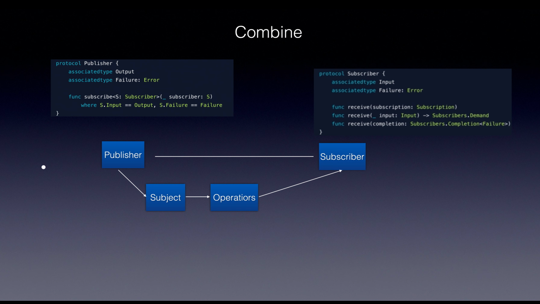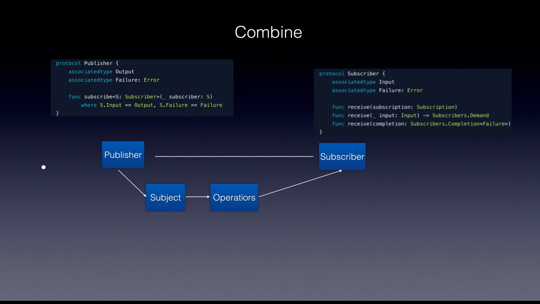It receives the instance of the subscriber and passes it to the subject, which generates and emits the values to the subscriber through those key methods, through the subscriber instance.